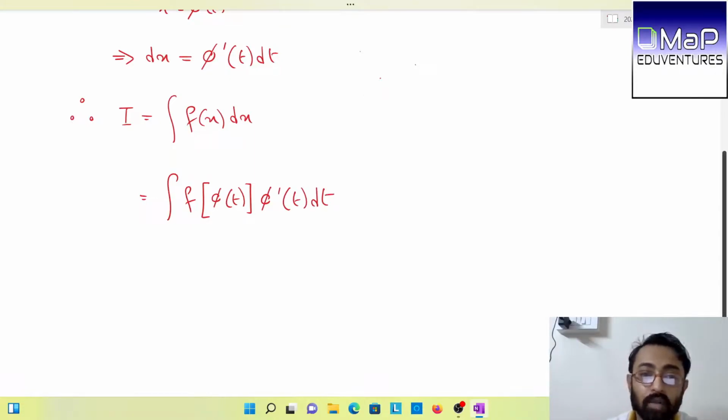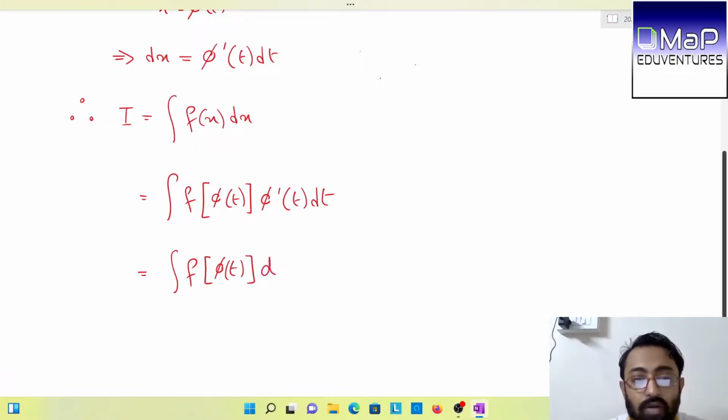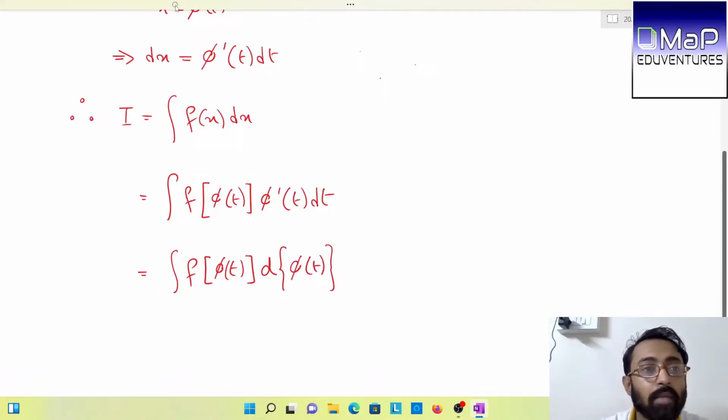phi dash t dt. Okay, now the book has given this, similar to that we have written it down, but let us do something more. So integration of f of phi t, now in place of phi dash t dt we can also write d of phi t. Now look here.